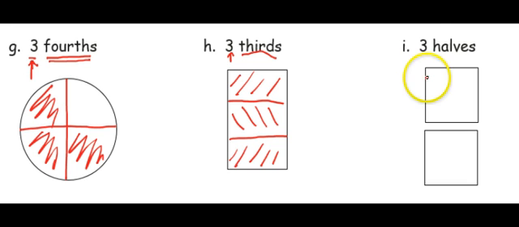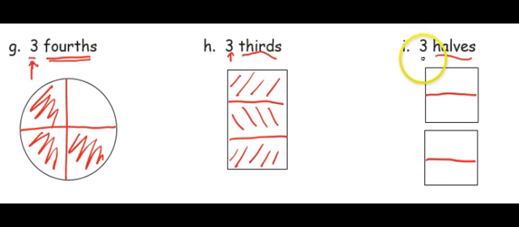In the last question, it's telling me to divide the shapes into halves. I have 2 shapes. I'm going to divide each one in half. So the top shape is divided into halves, and the bottom shape is divided into halves. Now the tricky part is it's telling me to shade in 3 halves. That's why I needed 2 shapes, because each shape only has 2 halves.